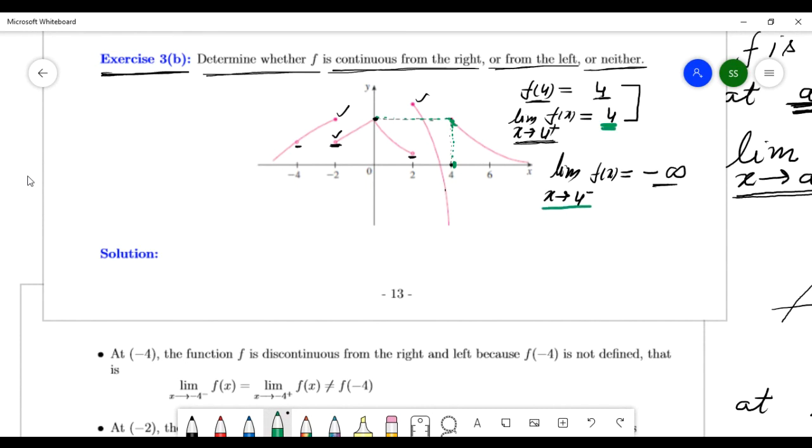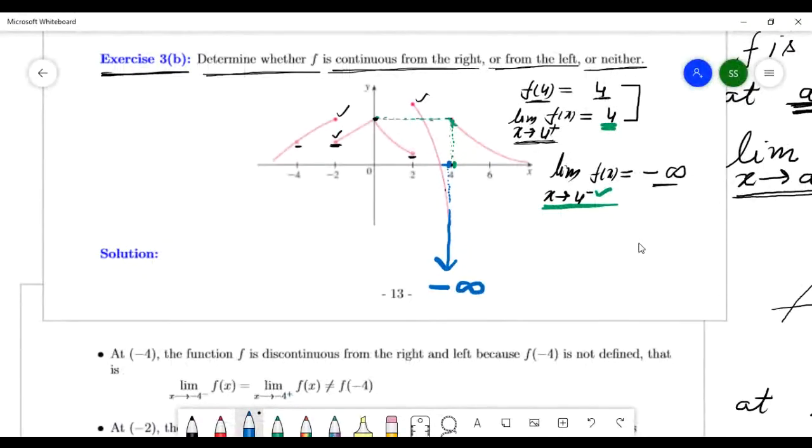And this limit, x goes to 4 minus of f of x, means x is close to 4 from the left. When x comes close to 4 from here, the graph goes this way, down and down, and the output comes to minus infinity.